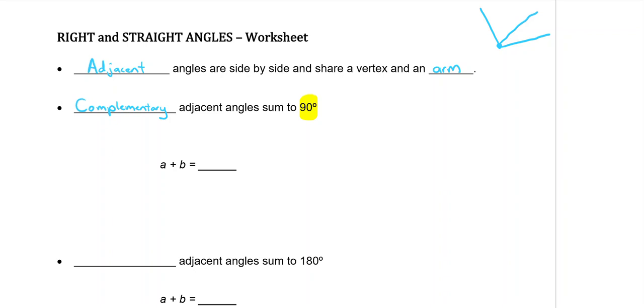So a diagram for this would be, here is my right angle, and that right angle is going to be cut into two angles. One of them I'm going to call A and the other one I'm going to call B. So that means that A plus B, those two angles added together, would have to equal 90 degrees. And we call them complementary angles.